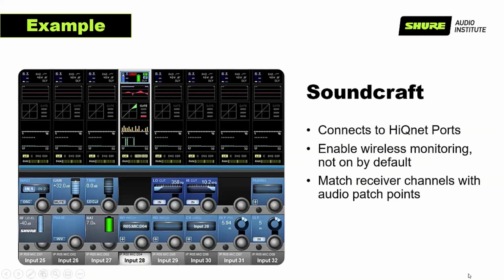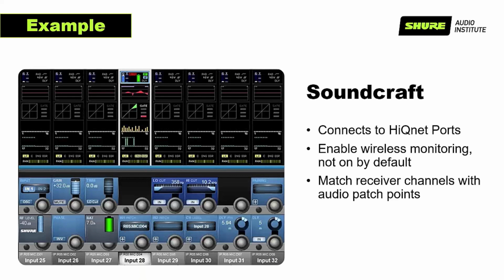And then finally, on a Soundcraft console, you need to connect to the high QNet port on the device. One thing to notice there is that the wireless monitoring is not on by default. So if you connect everything together and go to the device menu, you won't actually see your receivers, because in the wireless monitoring menu, you have to select something like enable receiver control.